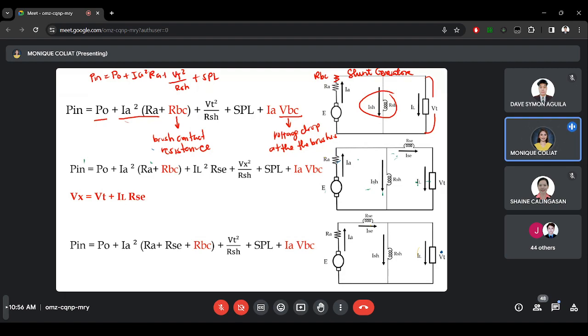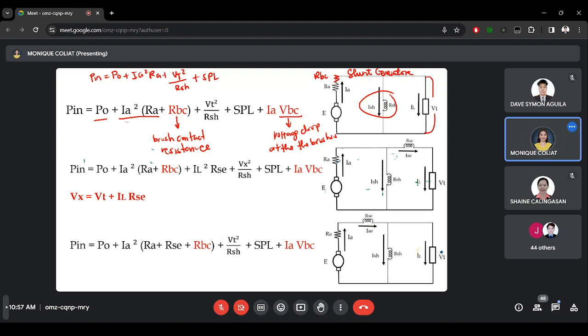Okay? Katabi siya ni armature lagi, si brushes. So, if it is given, then include it. If it is not given, then neglect it. Okay? So, that is for a shunt generator.